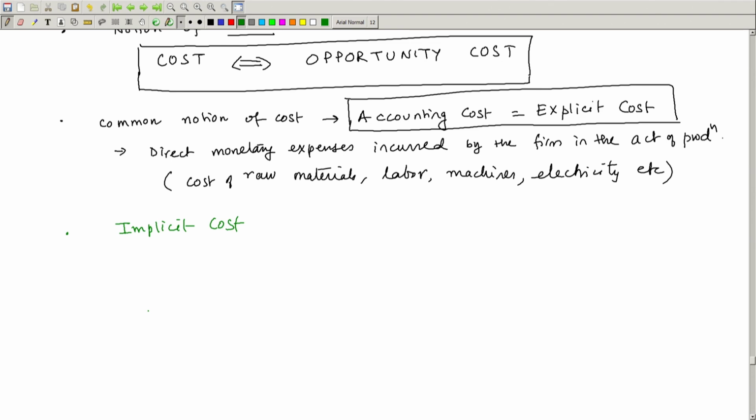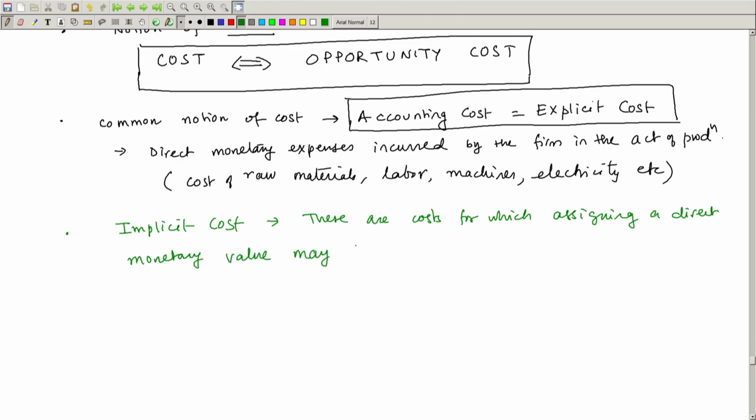So in economics, you also focus on implicit costs, and let me first write it, that these are costs for which assigning a direct monetary value is difficult. Rather, you can think of it as the income foregone.